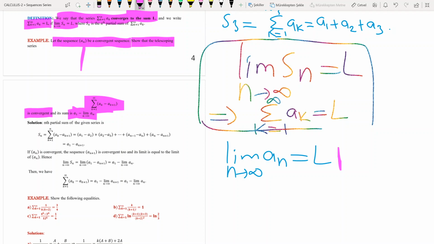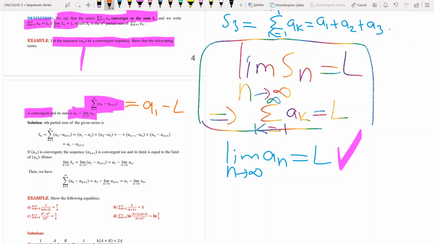In this case, we show the limit of an by L, so we have to show that the sum of ak minus ak plus 1 is equal to a1 minus L. So it's our aim to show this equality.